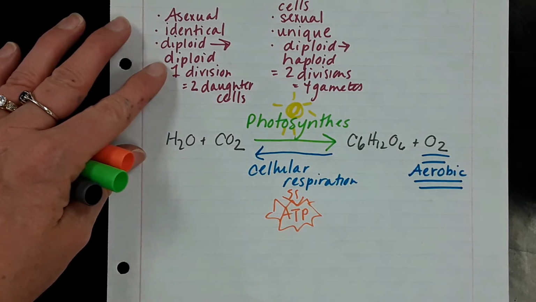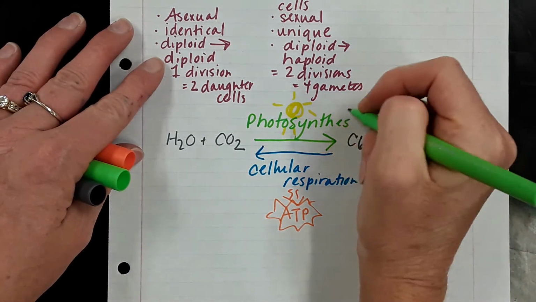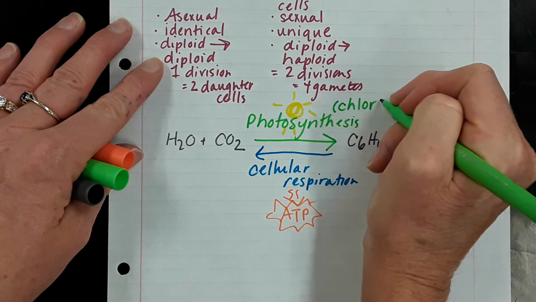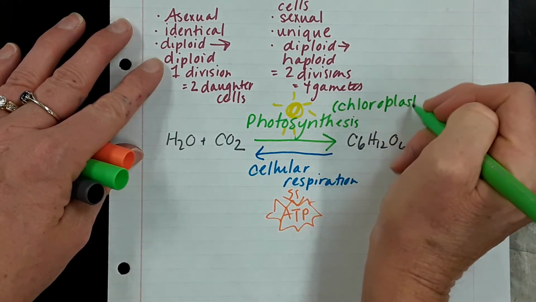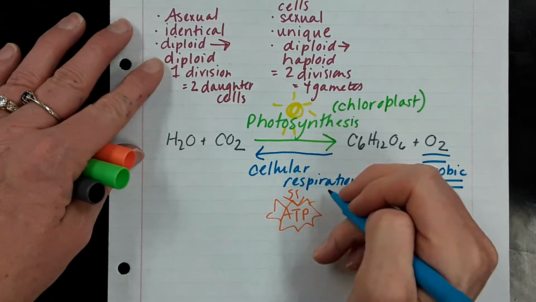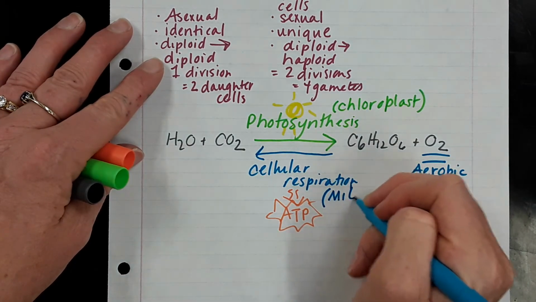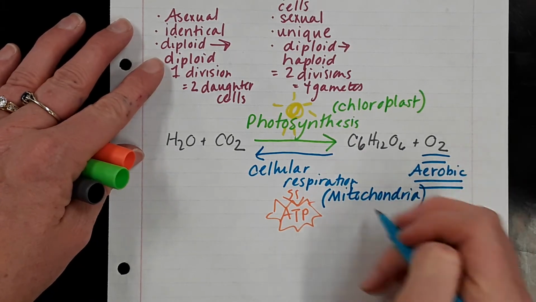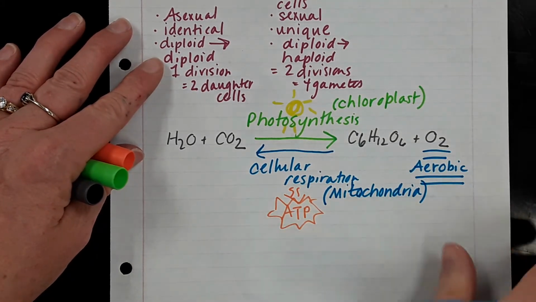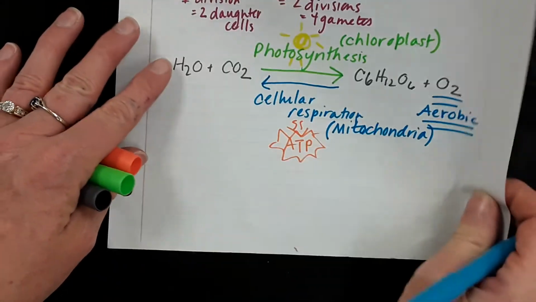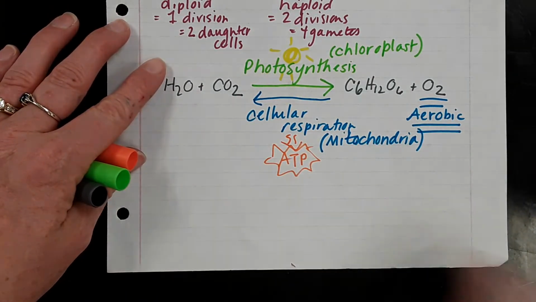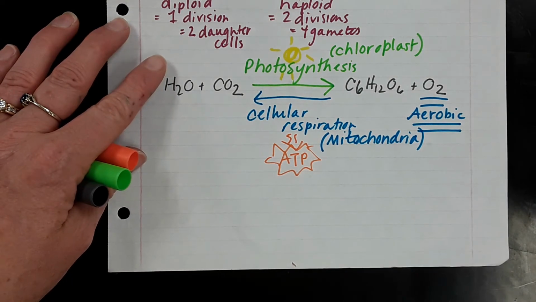As far as where do these things happen, photosynthesis happens in the chloroplast. And cellular respiration happens in the mighty mitochondria. And it's the powerhouse of the cell because it makes ATP. That's the energy, that's the power. All right, again, jot them down before you start testing and then use them as reference on the test.